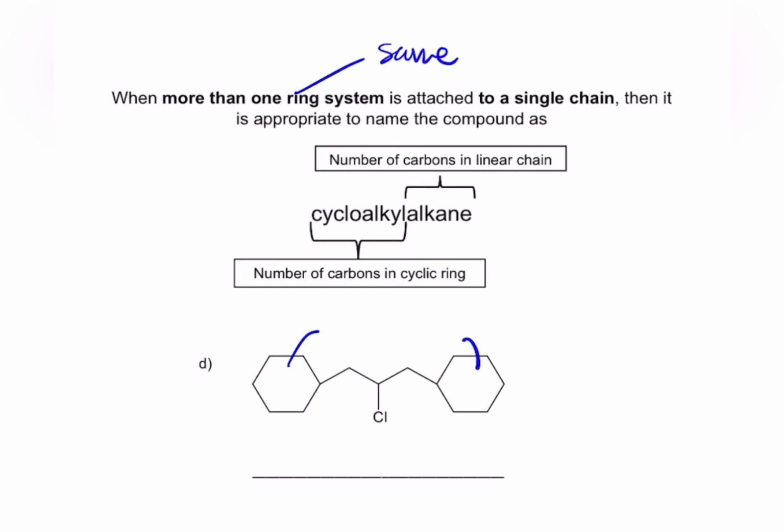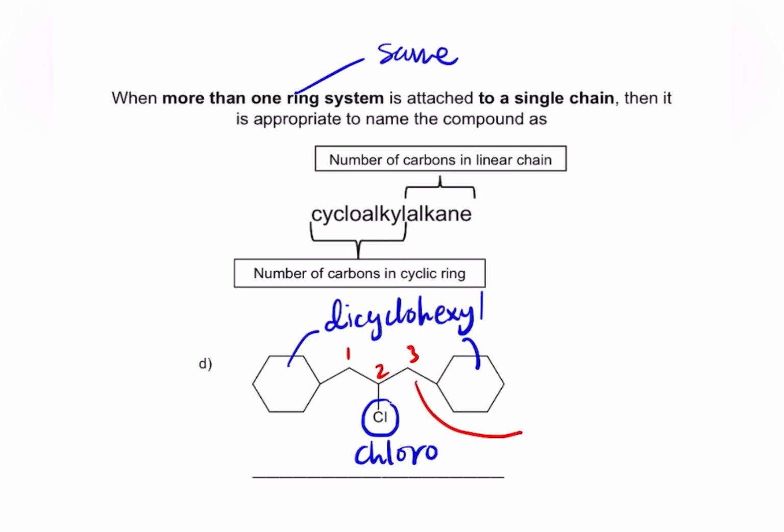But due to 2 of them, I will put dicyclohexyl. And next, I got one more substituent, which is chloro. And next, I got 3 carbon atoms in the linear chain, 1, 2, 3. So 3 means that the alkane here is propane. So this is propane.